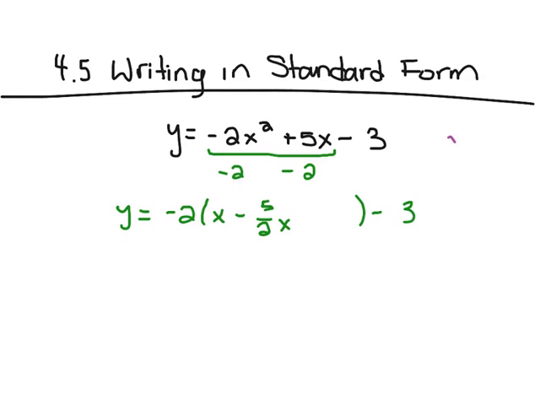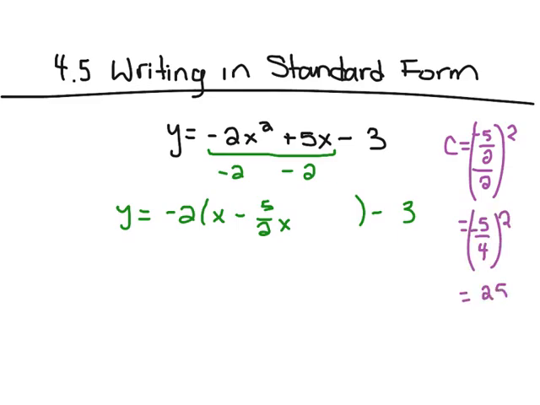Now we're going to find our c value: 5 over 2 divided by 2, which is the same as 5 over 4, squared, which is 25 over 16. Now we're going to add 25 over 16 and subtract 25 over 16.